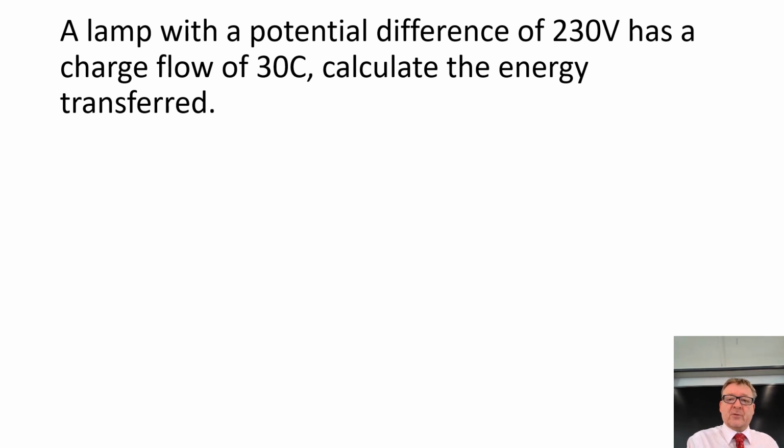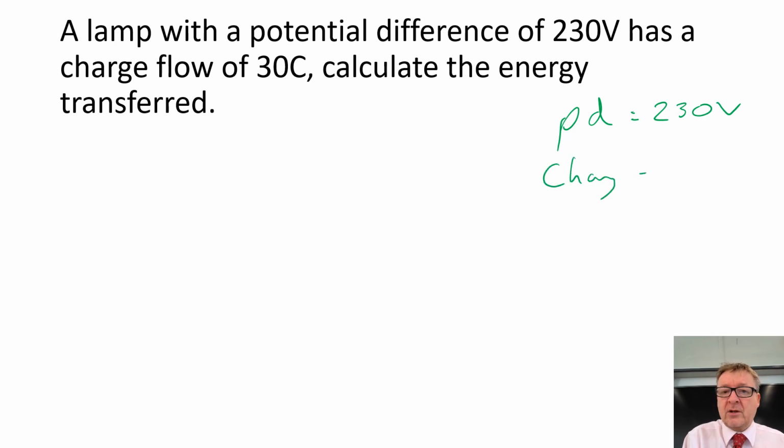A lamp with a potential difference of 230 volts has a charge flow of 30 coulombs. What is the energy transferred?